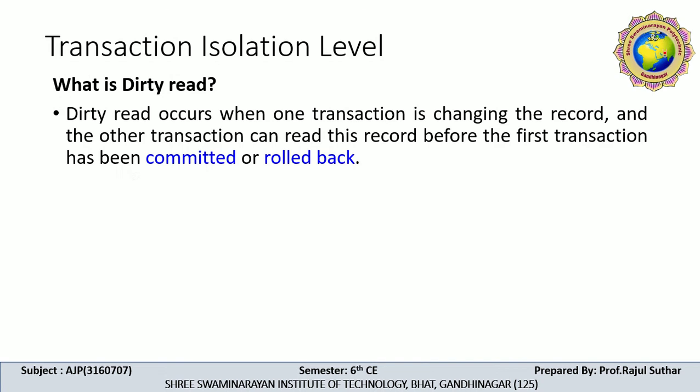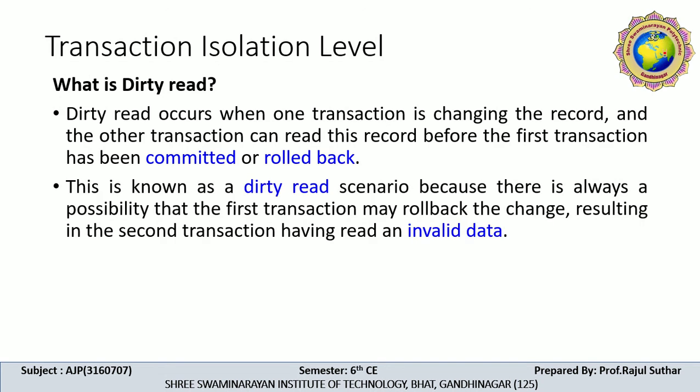What do you mean by dirty read? Dirty read occurs when one transaction is changing the record and the other transaction can read this record before the first transaction has been committed or rolled back. That is called dirty read.